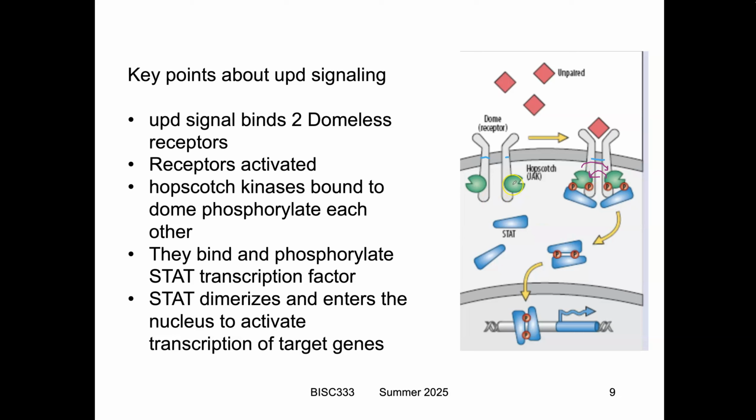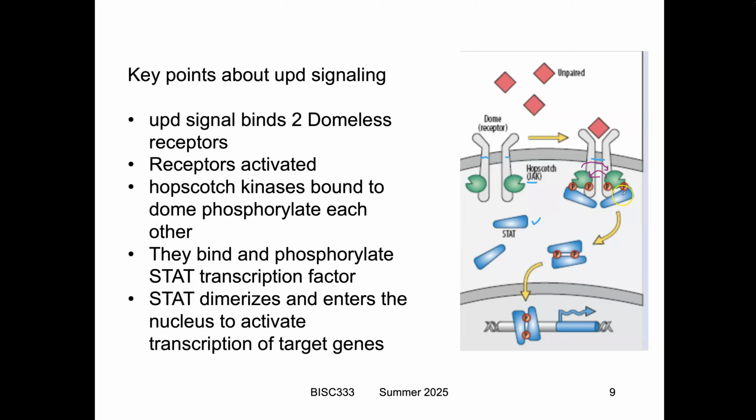And when they do that, this protein called hopscotch, which is also called JAK in some other systems, Janus kinase, I think is the longer name. These kinases that are associated with the receptors are able to phosphorylate and activate each other, and then they can bind to STAT, which is present as a monomer in the cytoplasm.